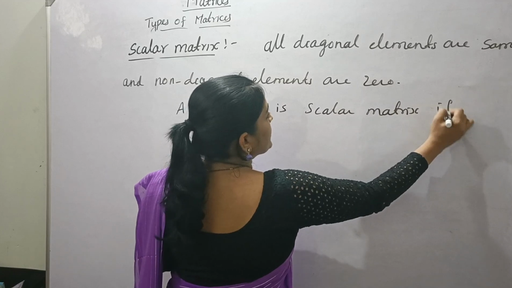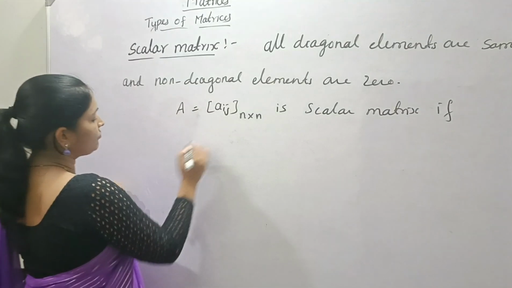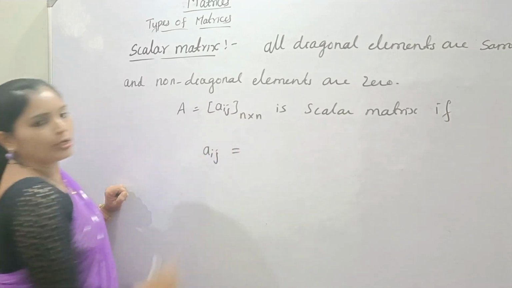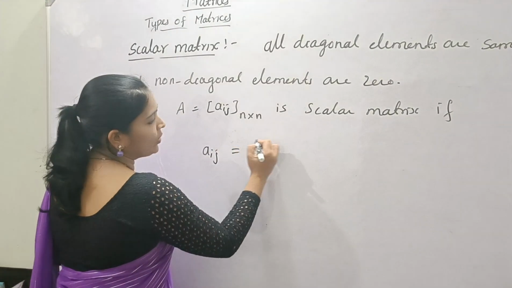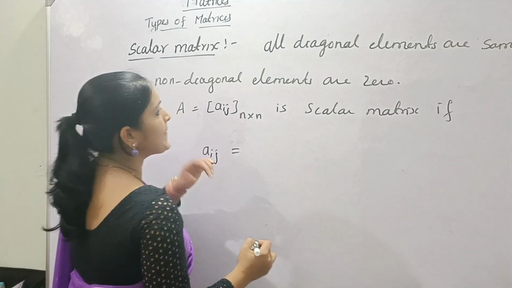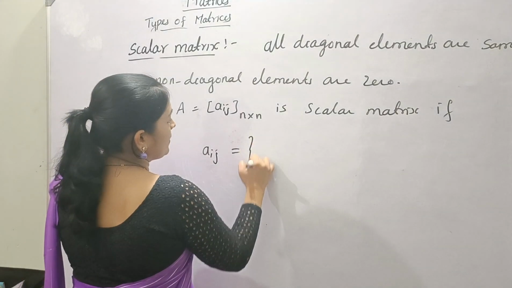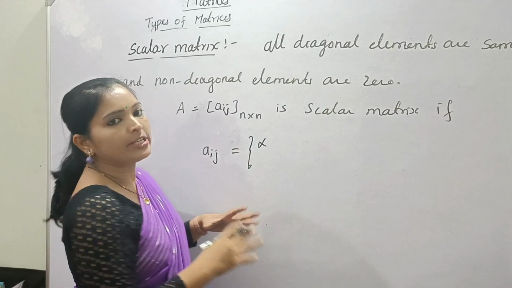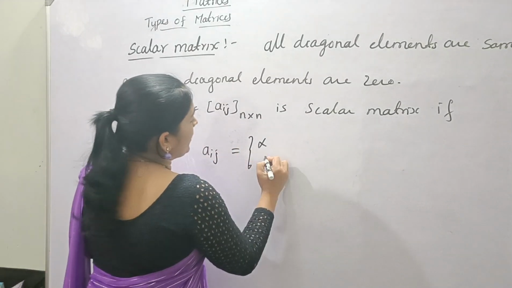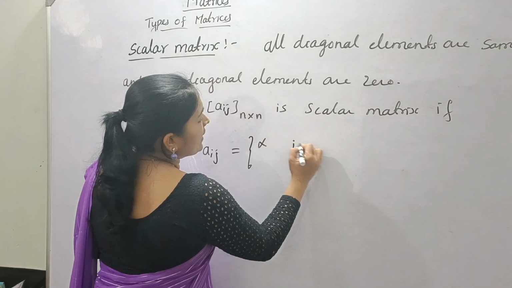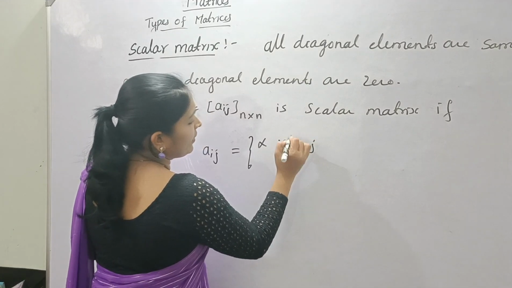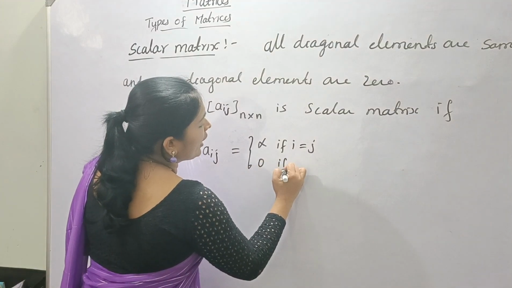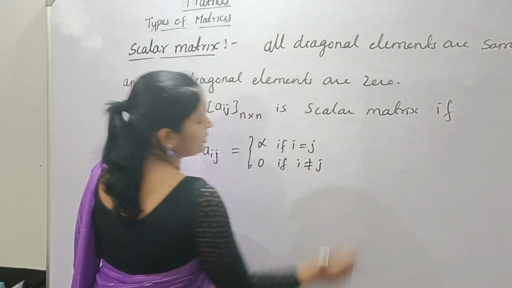It's a scalar matrix if Aij is equal to, let us take one constant alpha. Alpha is a constant if i is equal to j, and 0 if i not equal to j.